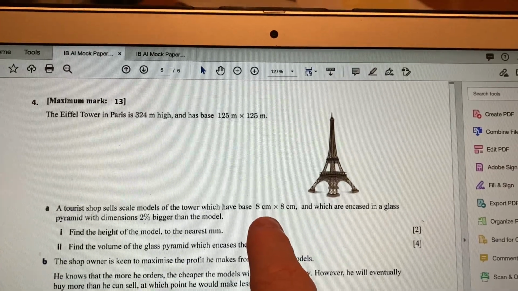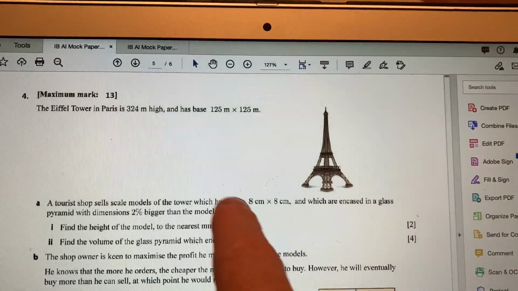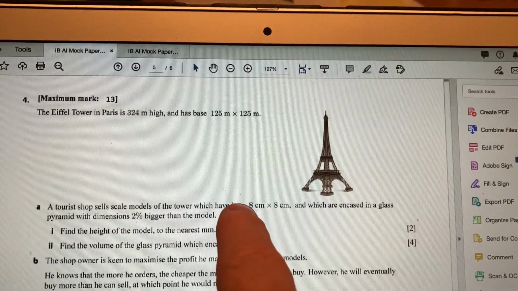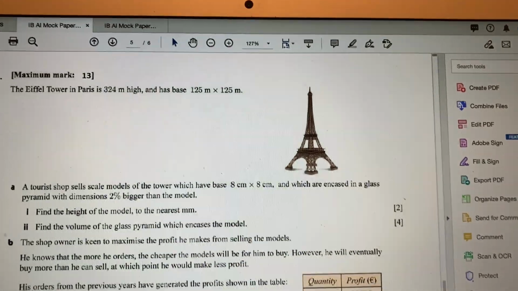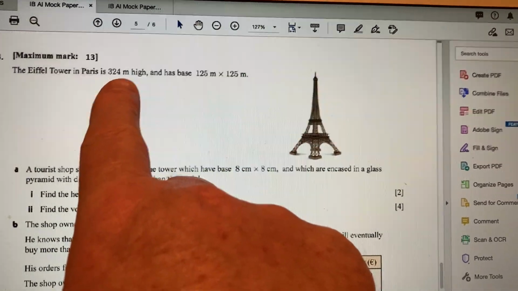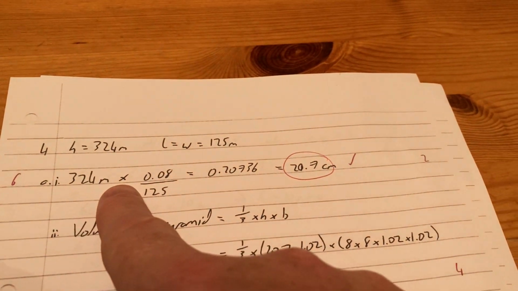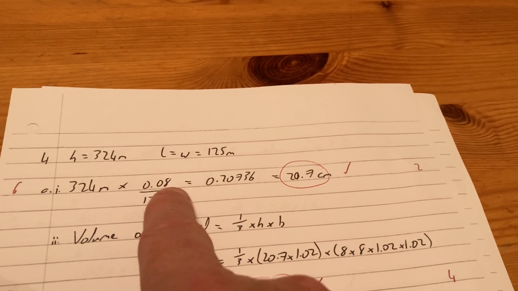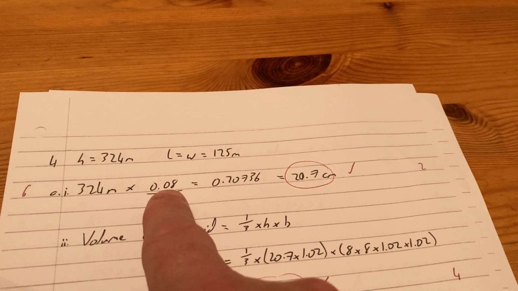That scale factor can be found by dividing 0.08 by 125. If I wanted to change the 324 meter height in real life, then what I need to do is times the 324 by the scale factor that takes me from real life to the model.